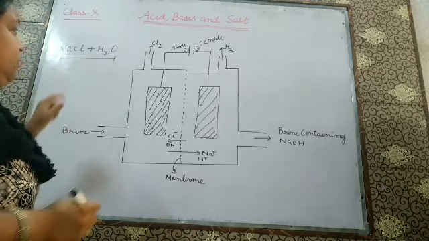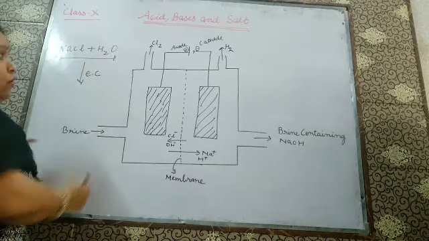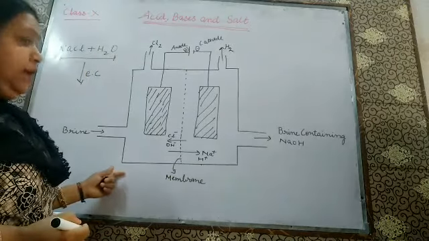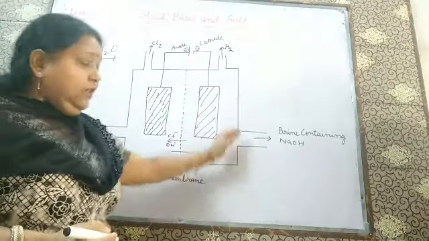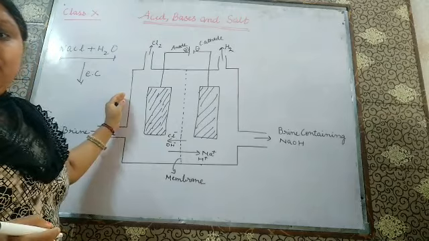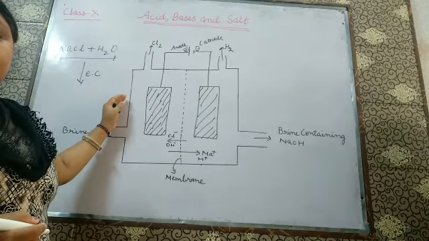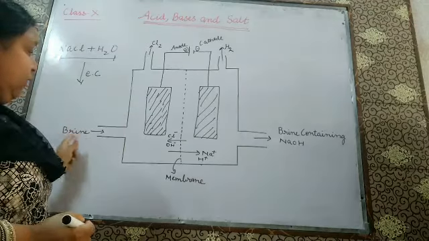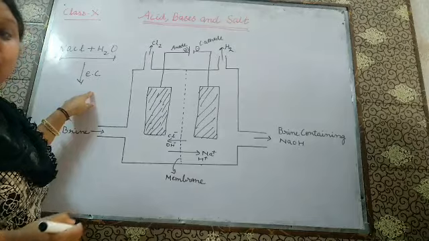And when we keep this brine solution in the presence of electric current, how is the process carried out? I have made one diagram to explain it. First I will take this apparatus. In the previous video I explained that here we will input brine solution, NaCl plus water.